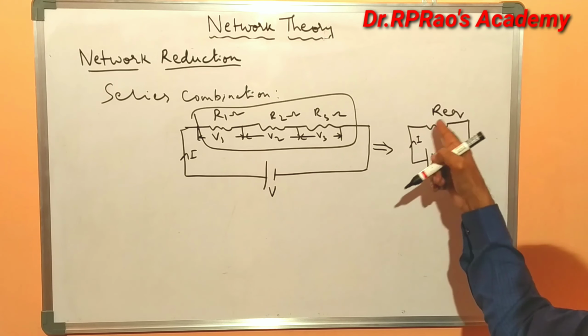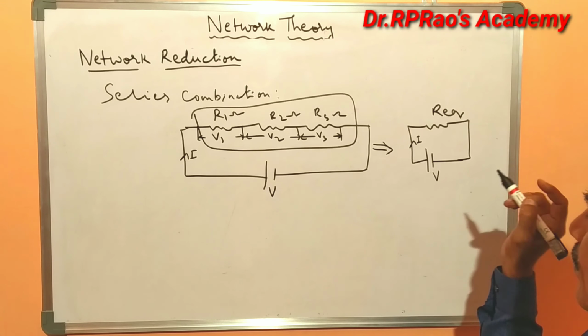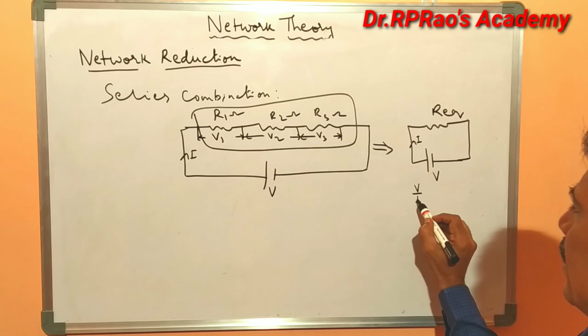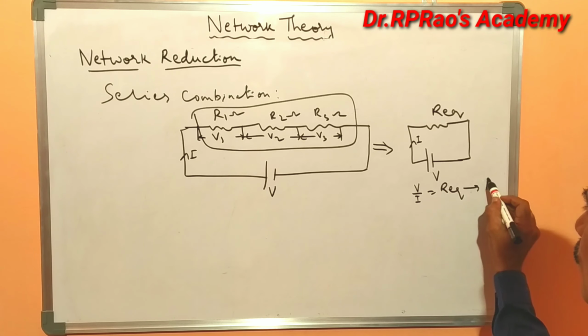In this circuit, if you apply Ohm's law, we get V by I equal to R equivalent. Let it be equation number 1.